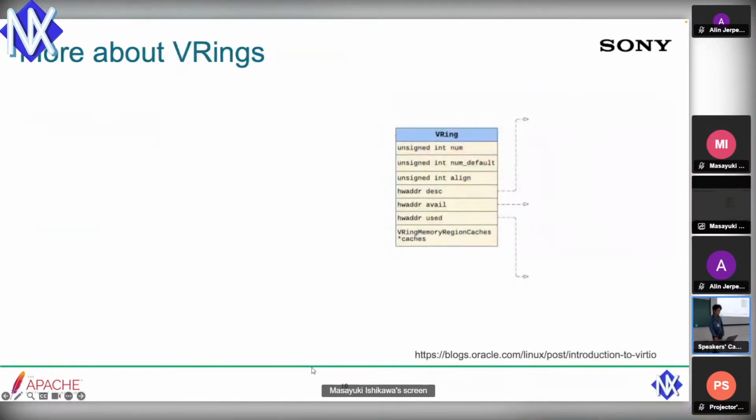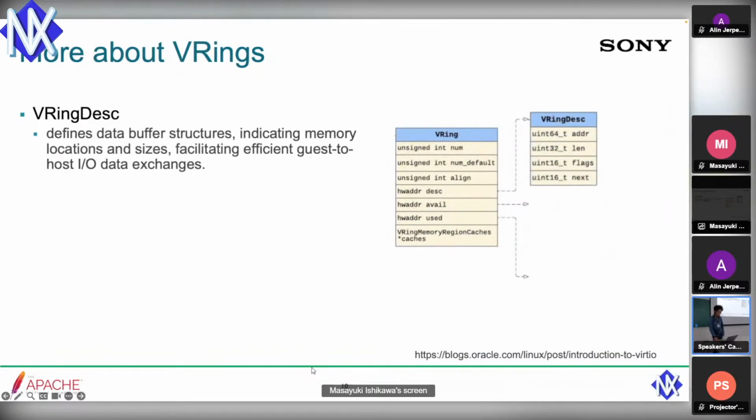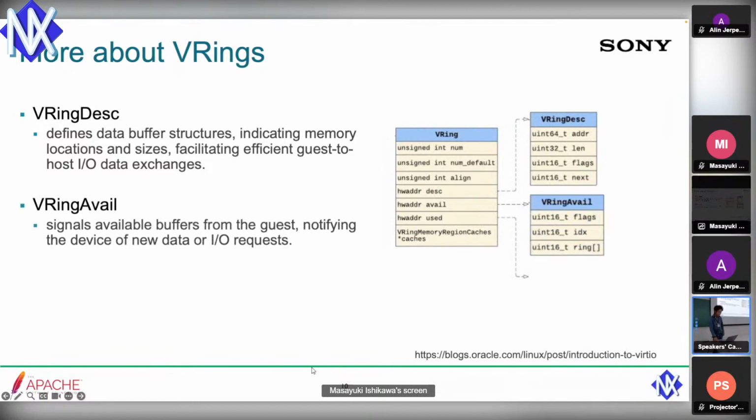Regarding vrings, VirtIO defines 3 kinds: vring desc, vring avail, and vring used. Vring desc defines data buffer structures, including memory location and sizes. Vring avail is used to signal available buffers from the guest to the host and notify the device of new data or I/O requests.